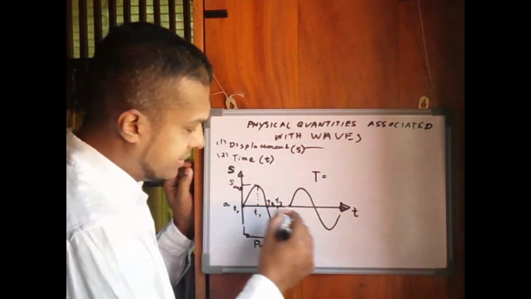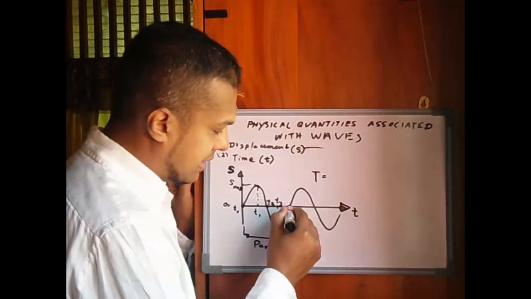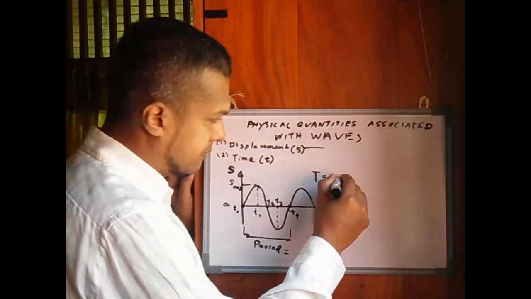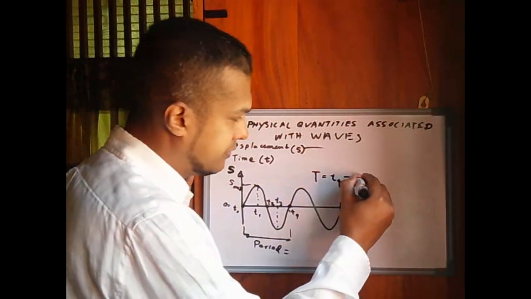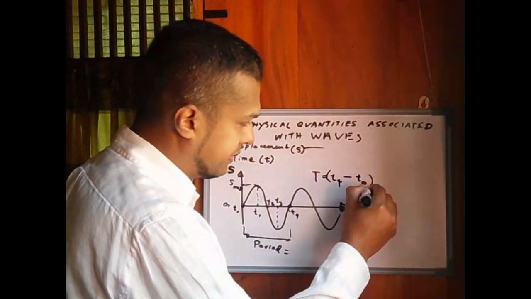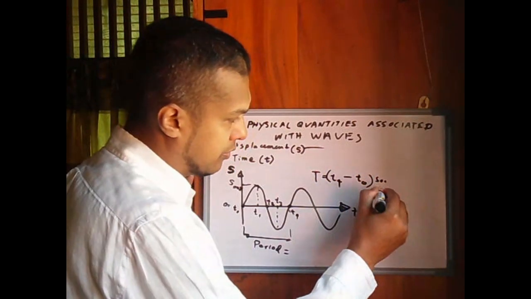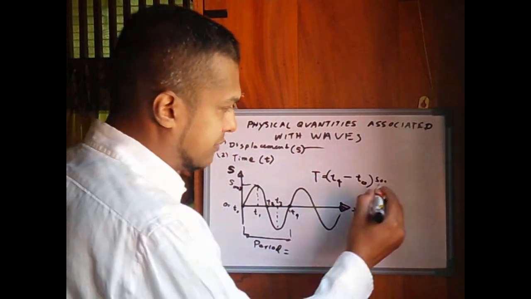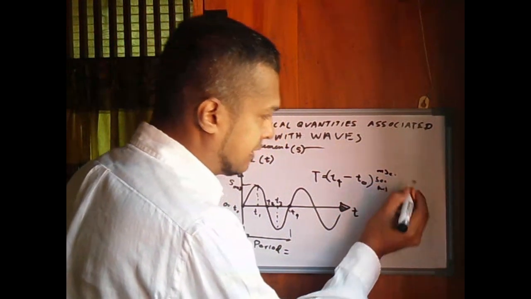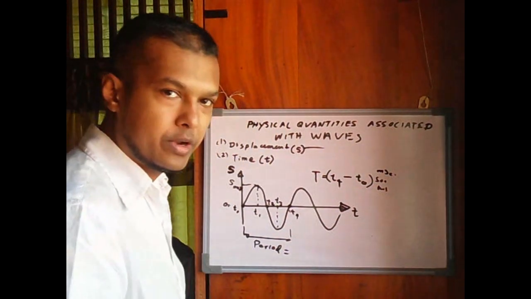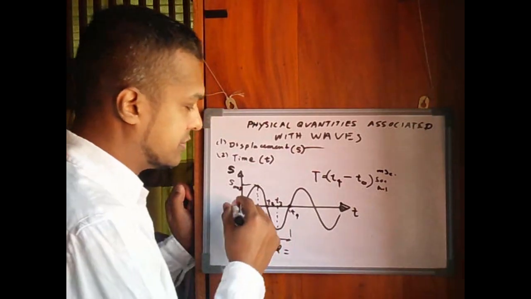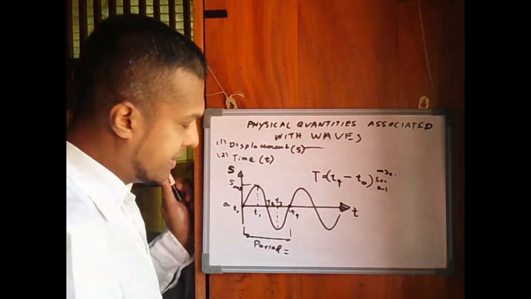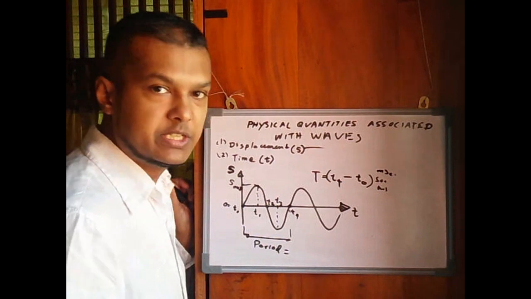So the period would be the final time t4 minus the initial time t0, which could be seconds or milliseconds. It won't be hours, because sound waves or water waves travel so fast, so it won't take hours to travel in one period. So that's basically the physical quantities associated with a wave.